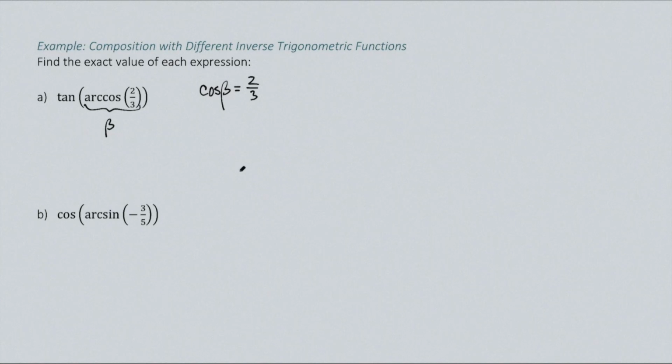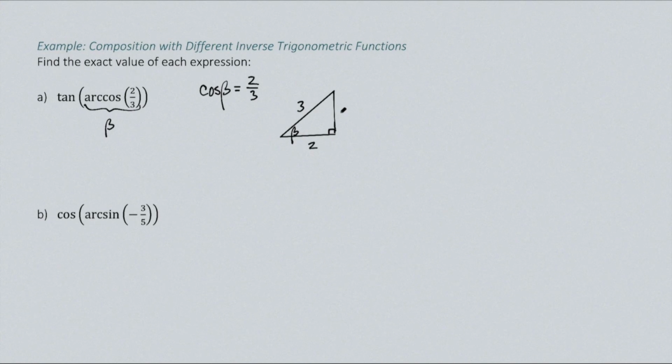And then I'm just going to draw a triangle where that's the case. Of course, it doesn't have to be to scale or anything. So I've got my angle beta. Cosine is adjacent over hypotenuse, so I can just do 2 and 3. Then solve for this other side using the Pythagorean theorem.